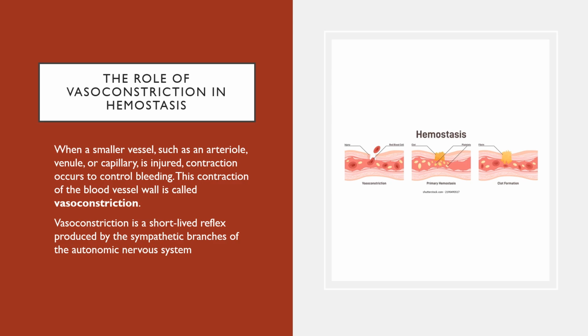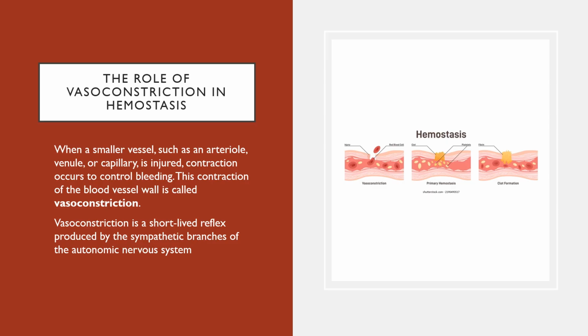I'm sure all of you know what vasoconstriction means, but just in case you've forgotten, let's recap what exactly is happening with vasoconstriction in hemostasis. When a smaller vessel, such as an arteriole, venule, or capillary is injured, so we've gotten a cut, a contraction occurs to control bleeding, and this contraction of the blood vessel wall is called vasoconstriction.